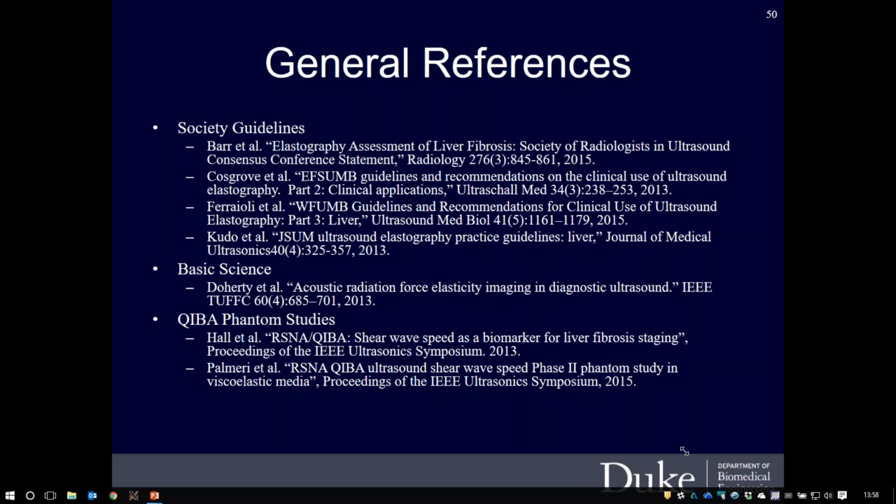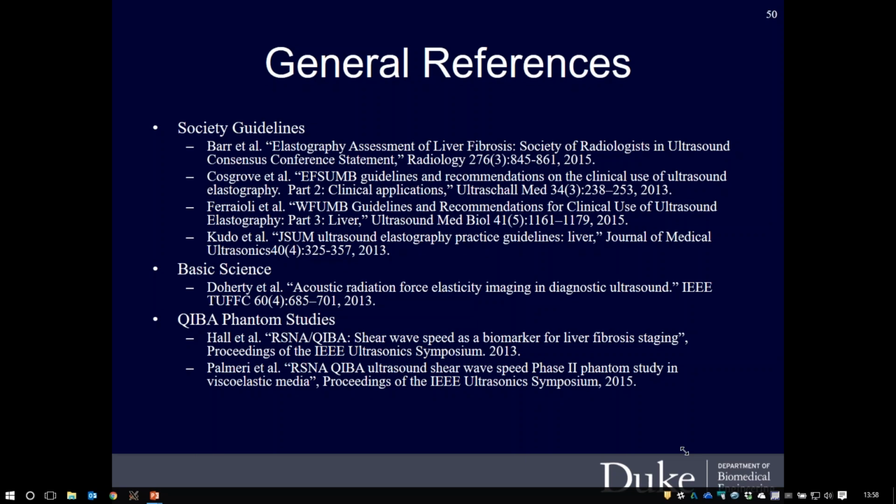We do know some systems do not work as well in ascites, so for overlying tissues, things that require the surface punch like the FibroScan have a bit more challenge going through ascites because shear waves don't couple through the fluids. Radiation force systems do not have as much of that challenge, but all of the systems will be challenged by potentially lots of different heterogeneous layers of soft tissues, specifically subcutaneous fat and the sort.